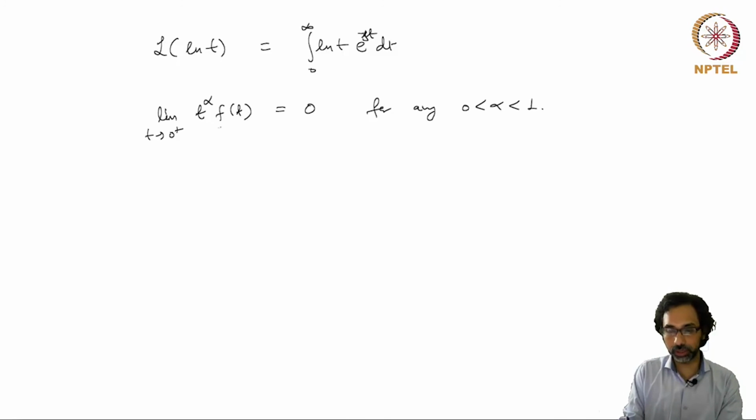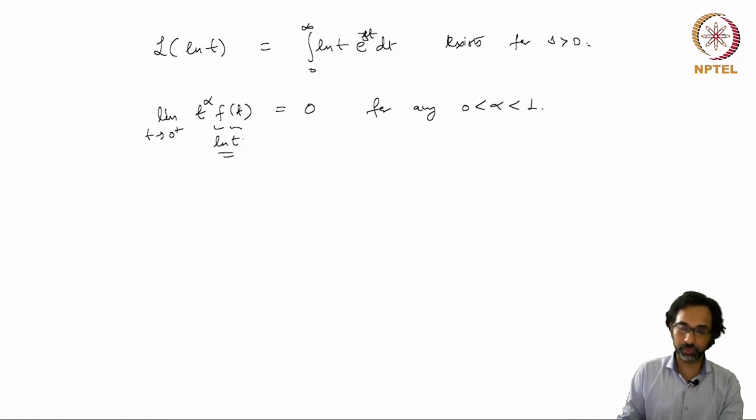So one can compute this for ln t, and one can show that this is in fact 0 for any alpha between 0 and 1. So this Laplace transform exists for s positive.